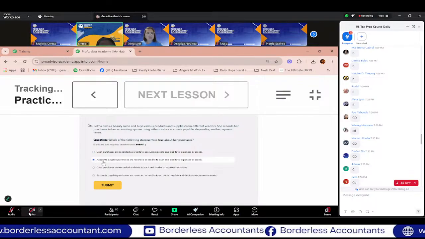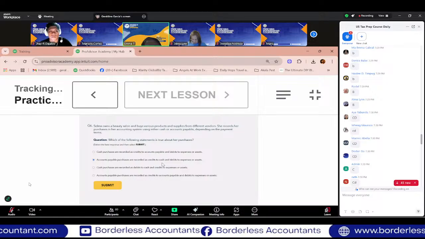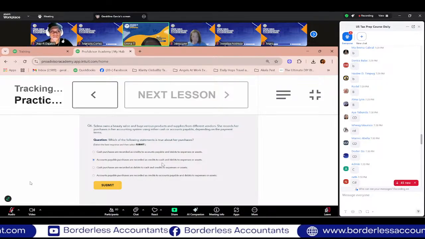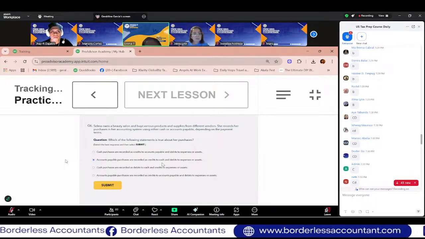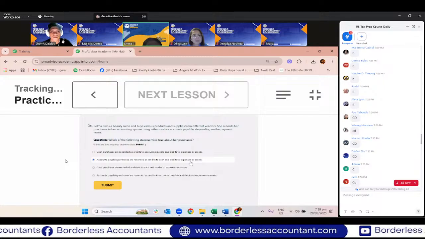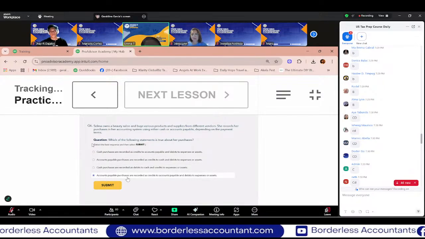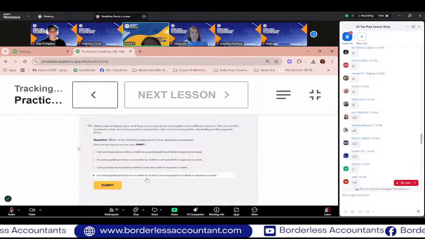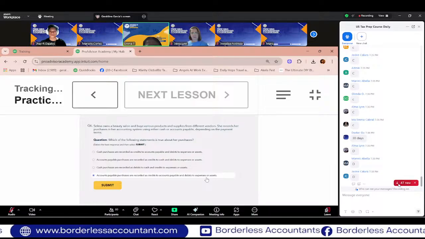B, accounts payable purchases are recorded as credits to cash and debits to expense or assets. C, purchases are recorded as debits to cash and credits to expense or assets. D, accounts payable purchases are recorded as credits to accounts payable and debits to expense or assets.